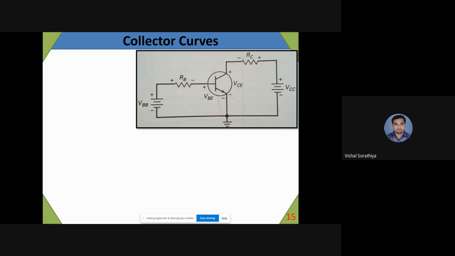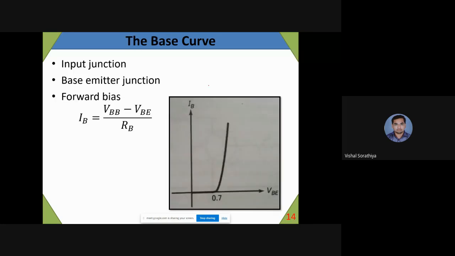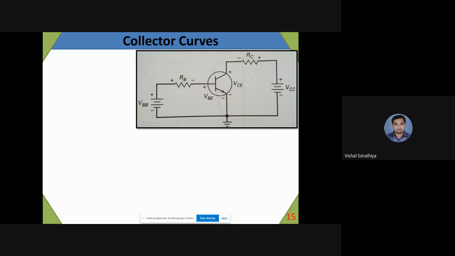Open your mic and tell me. Don't type in the chat box, my friend, please. I need an answer vocally. Quickly, by looking at this diagram, can you tell me which terminal is common between these three? Hello. I'm not going to look at the chat box.